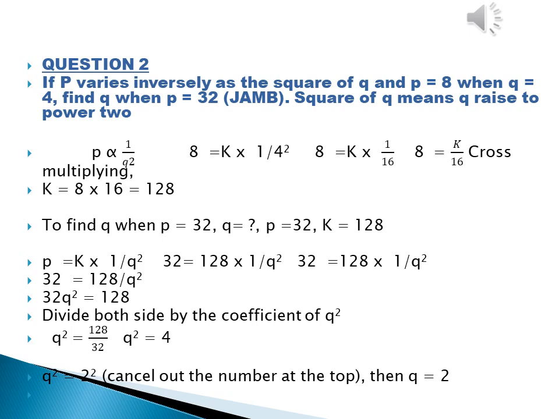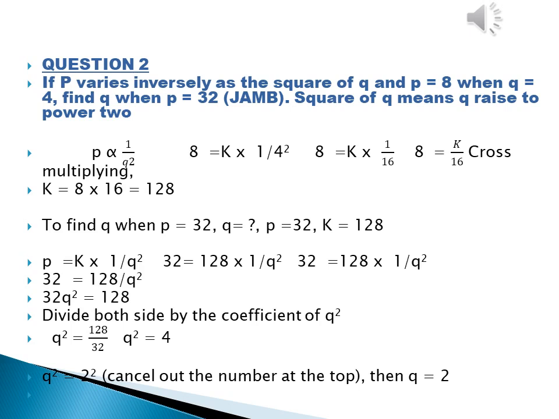So 32 will be equal to 128 multiplied by 1/Q square. So 32 will be equal to 128/Q square. So 32Q square will be equal to 128.